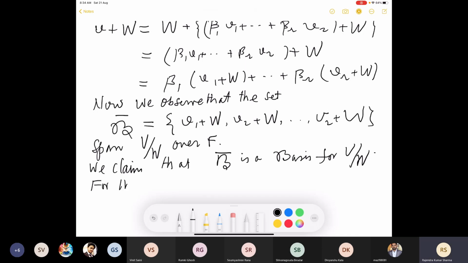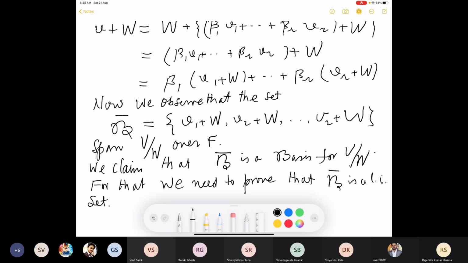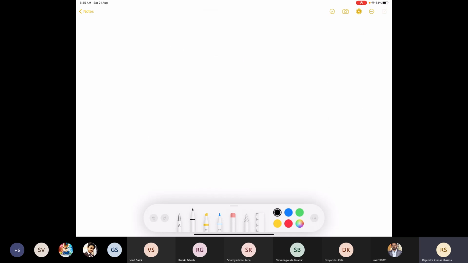So for that we need to prove that the set of cosets is linearly independent. When we say the set is linearly independent, it basically says that the elements in the set are linearly independent. So suppose there is some linear combination equal to 0; we would try to see if the coefficients are 0 or not.